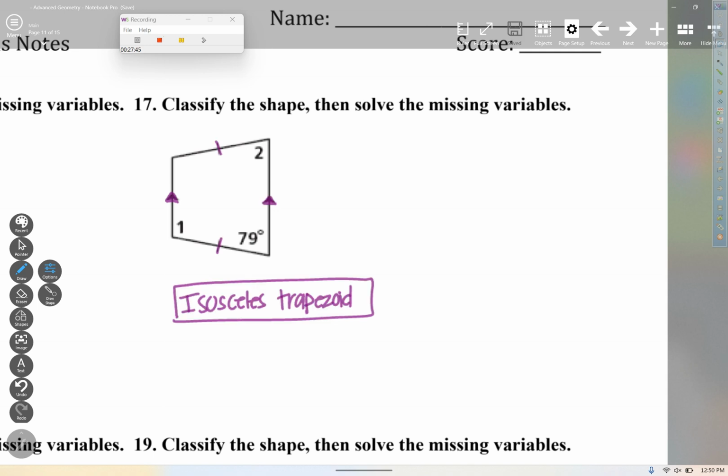Okay, and in an isosceles trapezoid, I know base angles are congruent. So 79 is congruent to 2. So 2 is 79. And I know that consecutive angles equal 180 degrees. So to find 1, I'm going to take 180 degrees minus 79, and I find that that's 101. So 1 is 101 degrees.